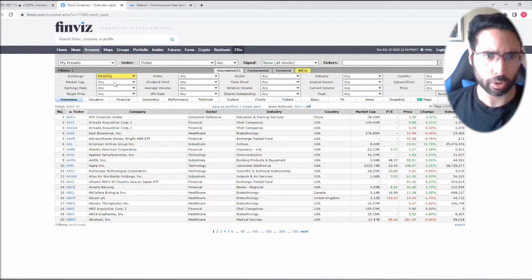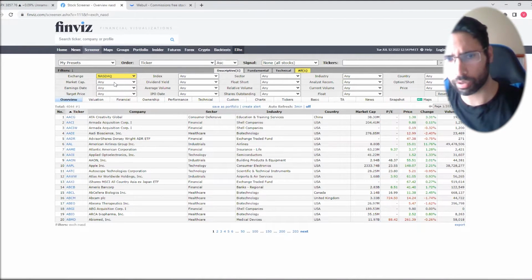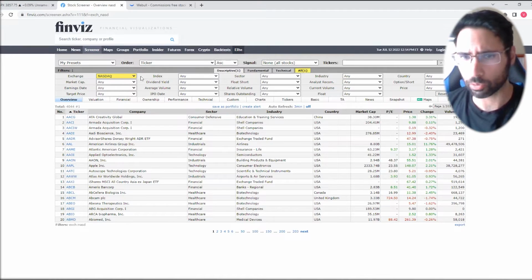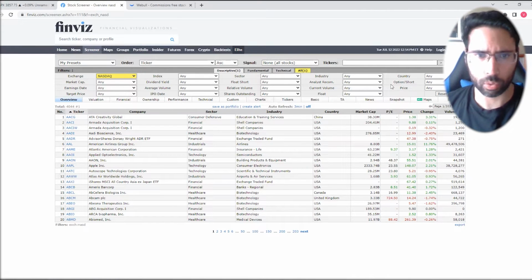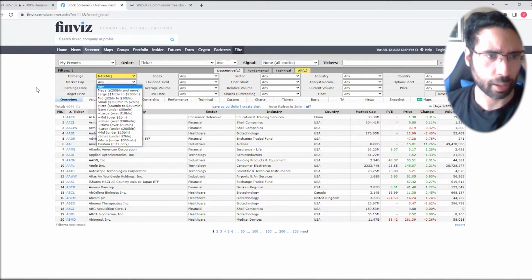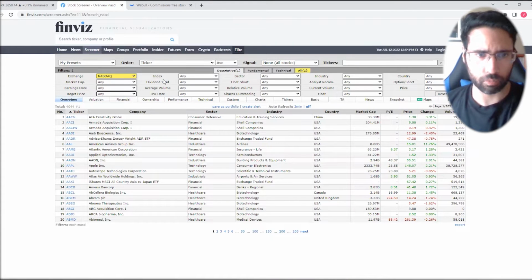You can change your market cap, but let's say we're a day trader and we want to trade breakouts. So we will look for 52-week highs, and you can choose your market caps. We'll keep it at any for now, just because I think you'll see, we have a broad selection, and you can basically tend to narrow it down from there.